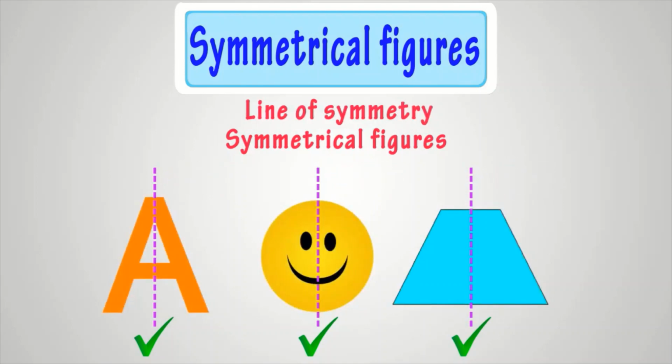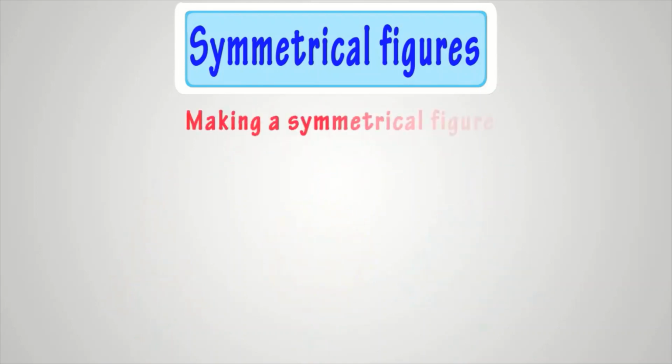Kids, now let's learn making a symmetrical figure. It's interesting. Let's take a piece of paper. Now fold it halfway and make any shape along the fold like this. And cut it out.